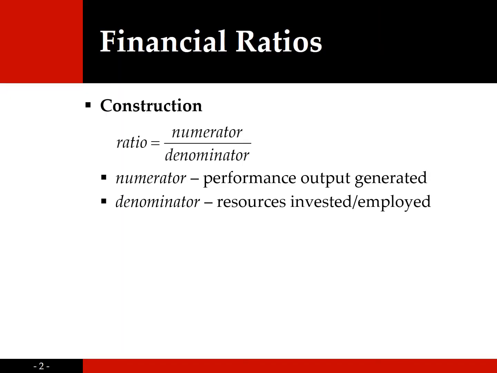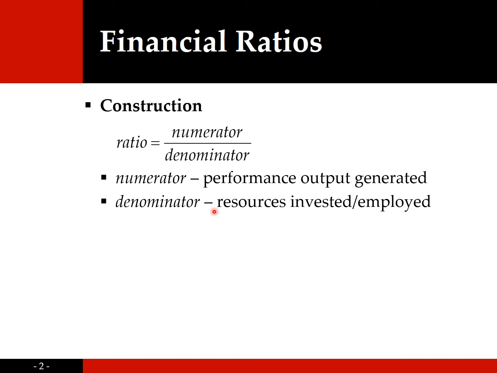We can say that financial ratios are useful tools that allow us to see things in perspective and to make appropriate comparisons. Every financial ratio has two components. The lower part, the denominator, represents the resources invested in the company by the capital providers, by the owners and the creditors.